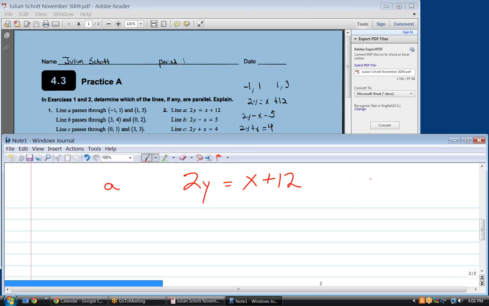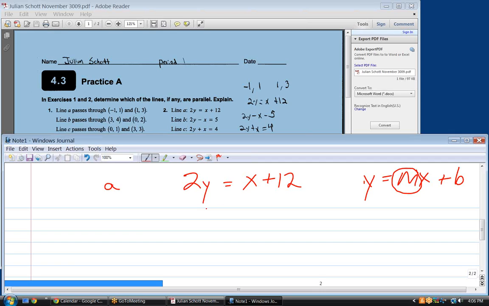What's the general format for the equation of a line? y equals mx plus b. What's the slope part of that? The mx. Just the m. Oh, m is slope. So if we can turn this equation into y equals something x plus b, we'll know the slope. It'll be the coefficient of the x.